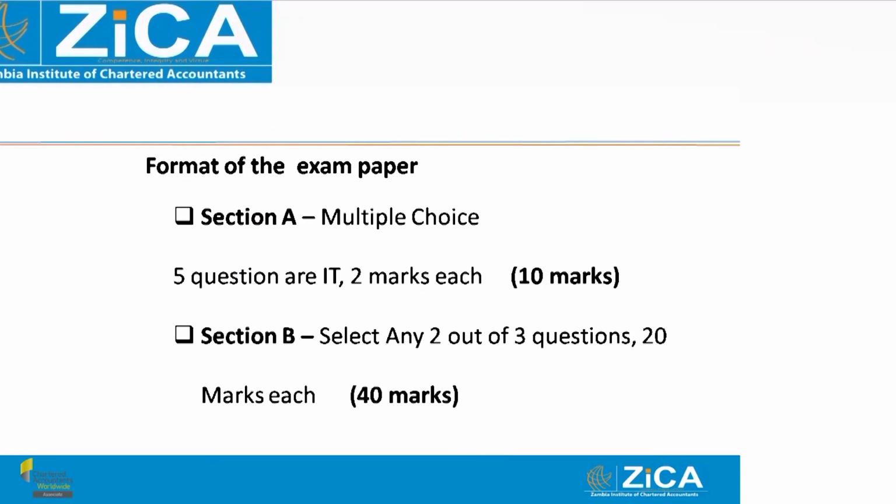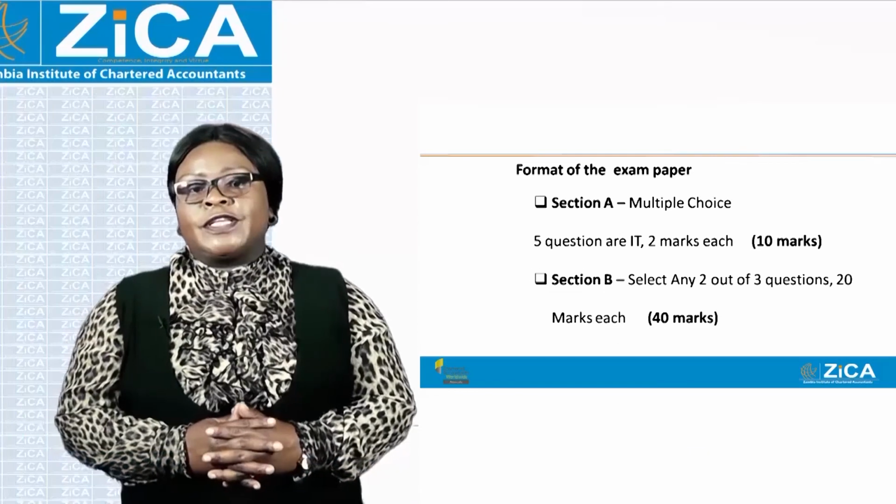Now, the exam paper has the following format. Section A is multiple choice, and the first 5 questions are IT questions which carry 2 marks each. So you get 10 marks from Section A. In Section B, you need to select 2 questions out of 3 questions, and each question will carry 20 marks.